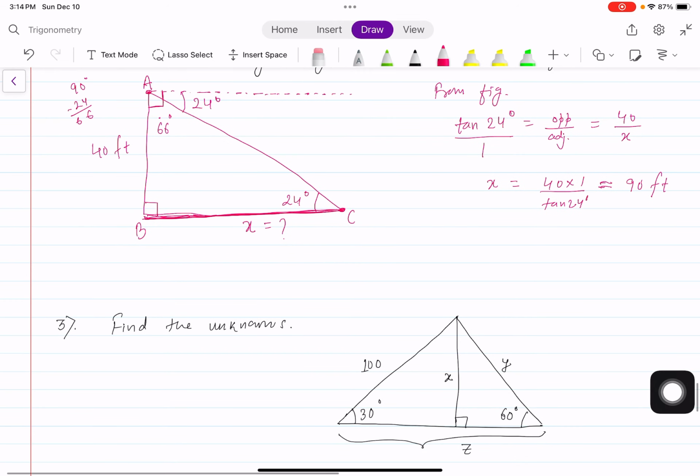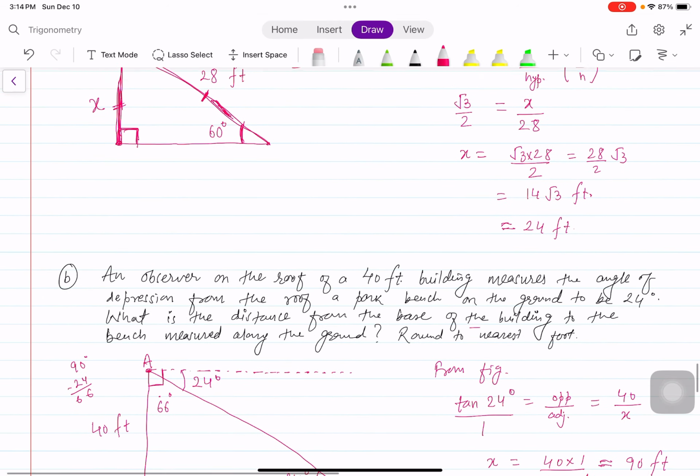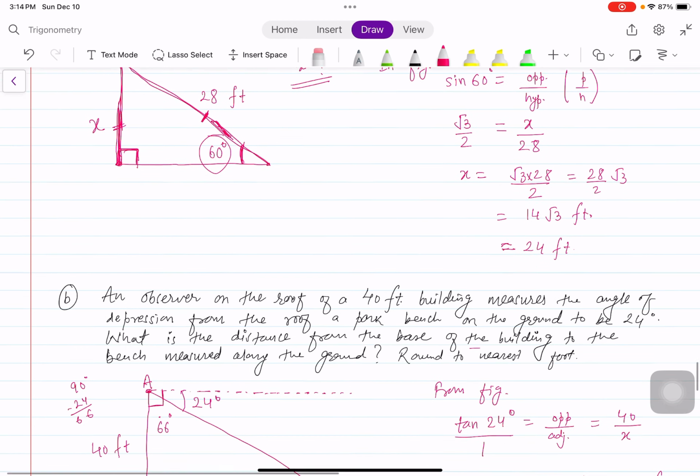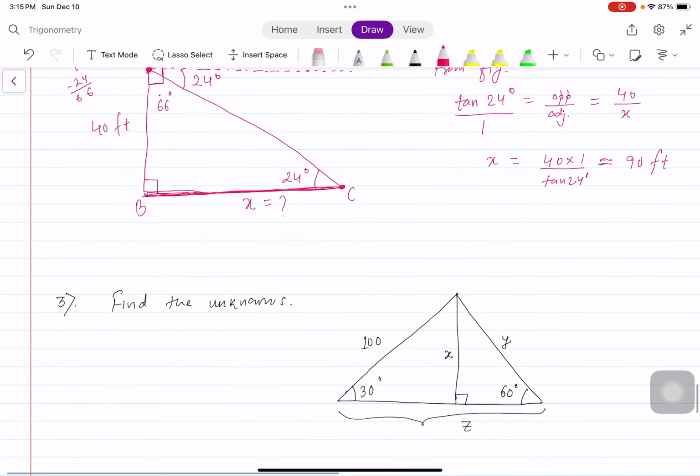So this is how there will be mainly two types of problems in this course: when the working angle is along the ground, and when an observer is on the roof of a tower or building or anything.